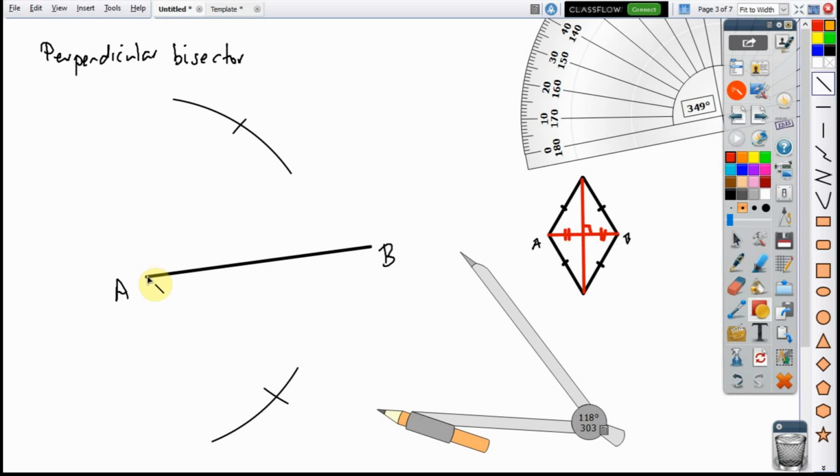That gives us a rhombus. That guarantees that this property will exist. This diagonal will bisect AB at right angles. And so if I now draw this in, then I have my answer. This is the perpendicular bisector of AB.